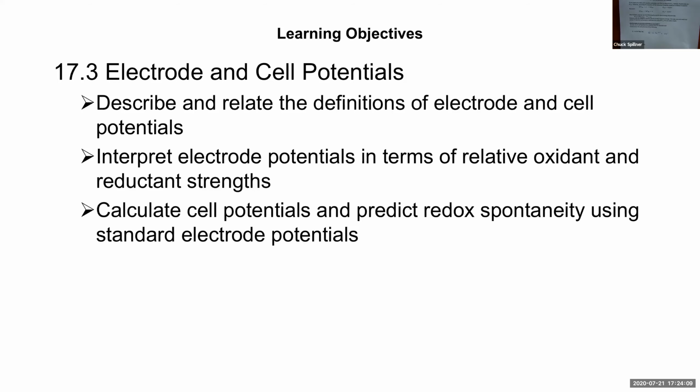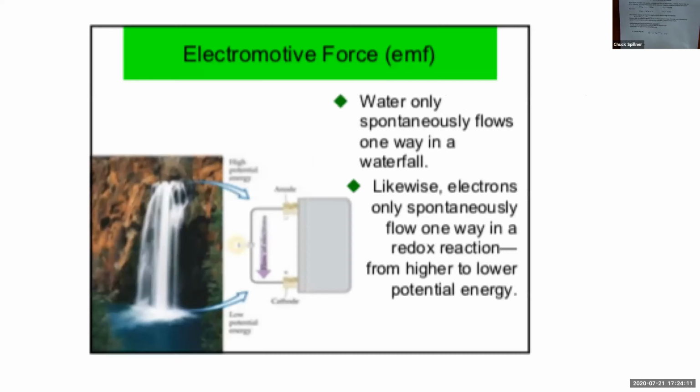Okay, so let's continue. This is kind of a fuzzy slide, but what this shows is that we know that water spontaneously flows downhill and over a waterfall. You can look at a waterfall and you know that the top of the fall has a higher potential energy than the bottom of the fall. So that's why the water flows down. There's lower potential energy at the bottom.